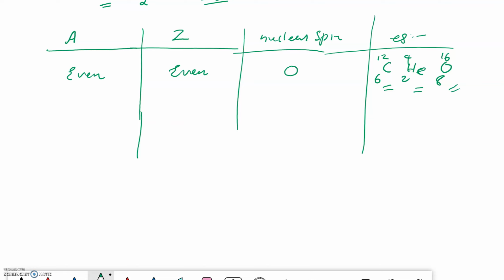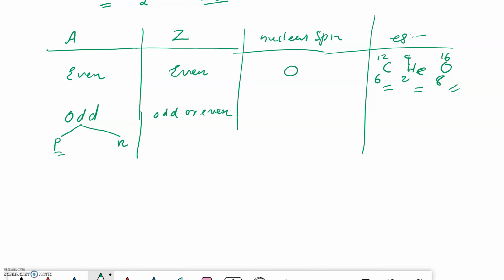But if A is odd, and Z is odd or even, then what will the nuclear spin be? We can assume like this. When A is odd, either the proton or the neutron number is odd.